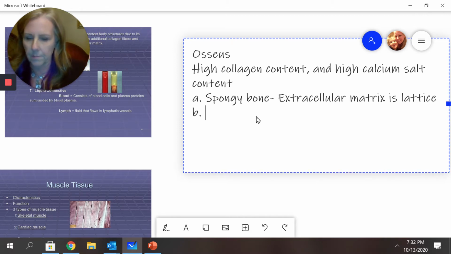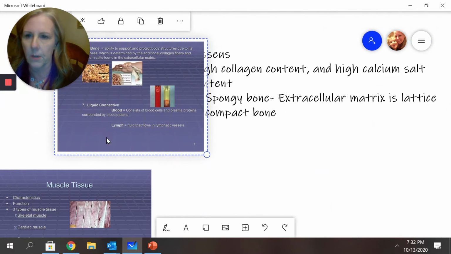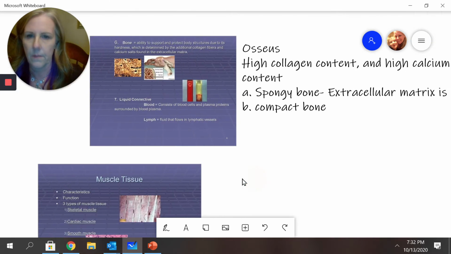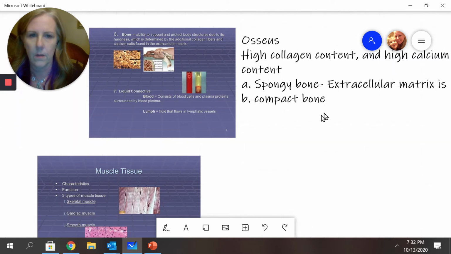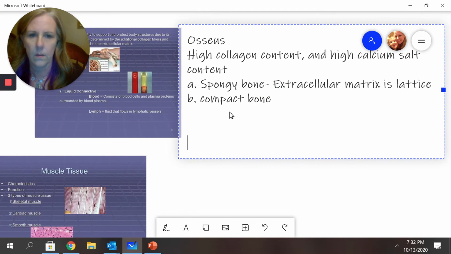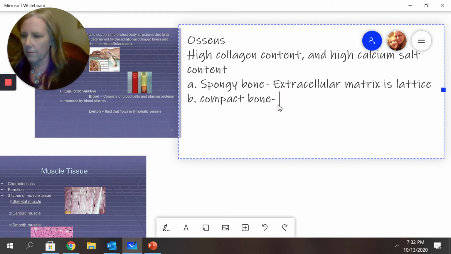Then we have compact bone. So compact bone, I'm going to try to move this over. Nope, not going to work. There we go. All right, so compact bone.